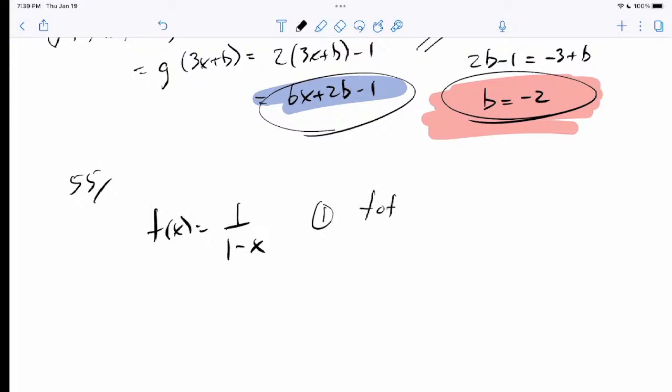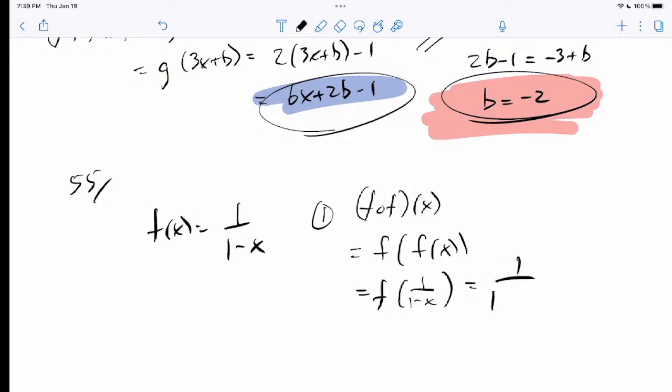They want f composite f at x. So this will be f acting on f at x, which is f acting on 1 over 1 minus x. Everywhere I see an x, I'm now changing this to a 1 over 1 minus x.